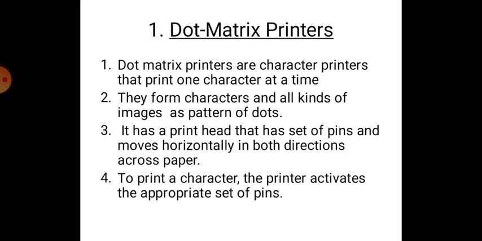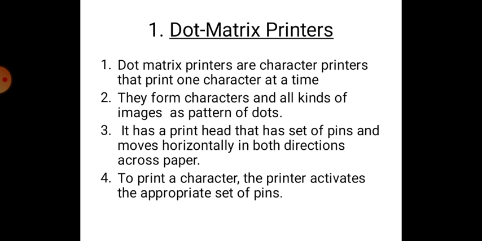Students, you know there are many types of printers. Some print a character at a time, some print a line at a time, some print a page at a time. This dot matrix printer belongs to the type which prints one character at a time, and these characters are formed by dots. There is a matrix of dots and appropriate dots are chosen to form a character.